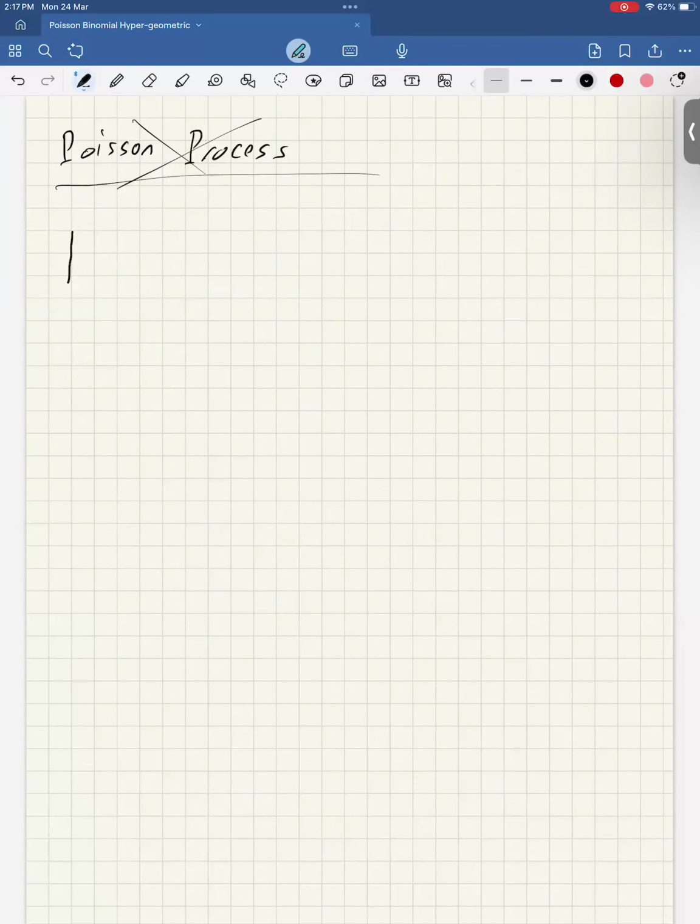So just to motivate this a bit more, think of some time axis between time 0 and, let's call this, time 1. So you have 1 unit of time, and you're looking at the sky, looking at meteor showers.